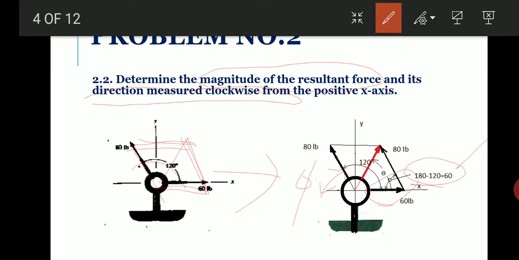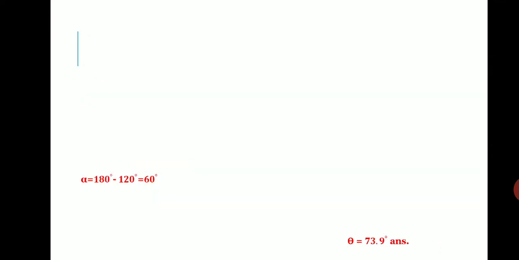Now we have to find the resultant force FR, and the direction measured clockwise from the positive x-axis, so we have to identify this angle theta. Next slide.